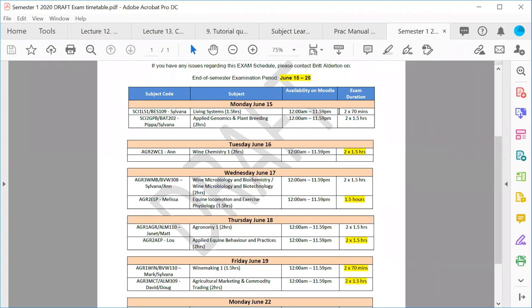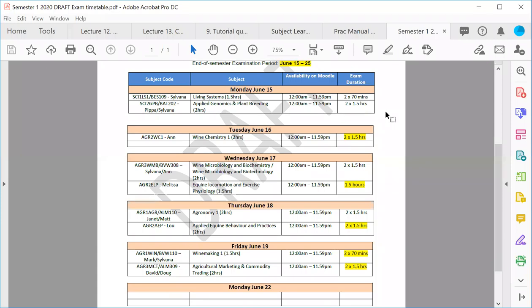So although the exams are timed, that is, once you start an exam, you'll have a certain time to finish it, you can start those exams at any time between 12 a.m. and 11:59 p.m. on the scheduled day, and that will apply to all the final exams. Savannah, does that make sense?